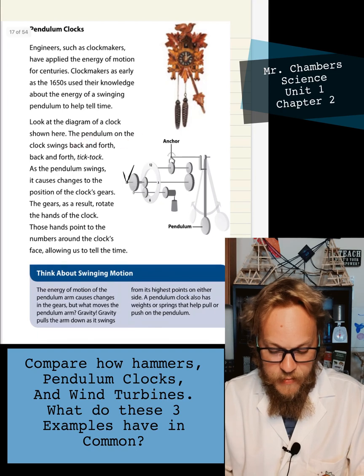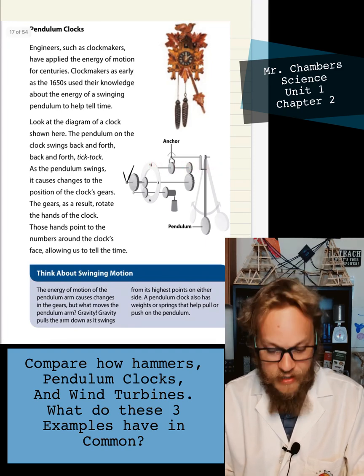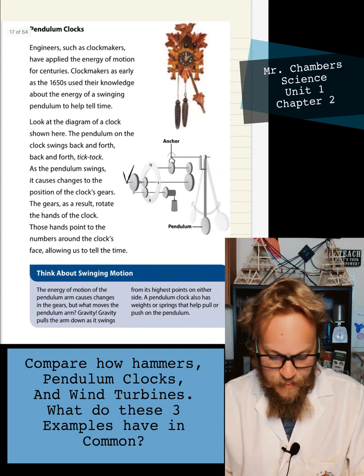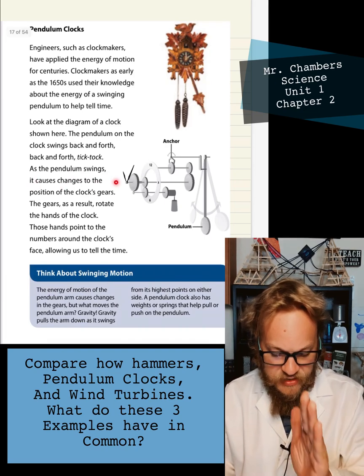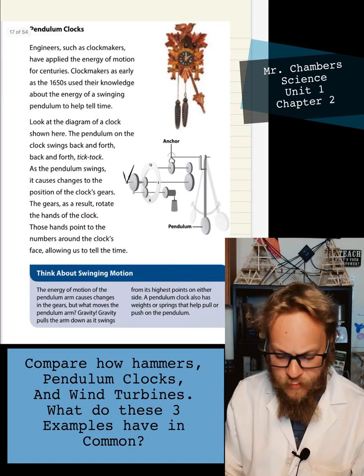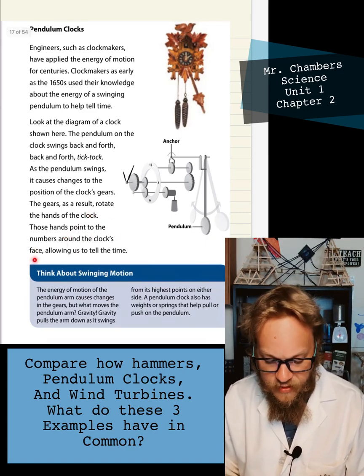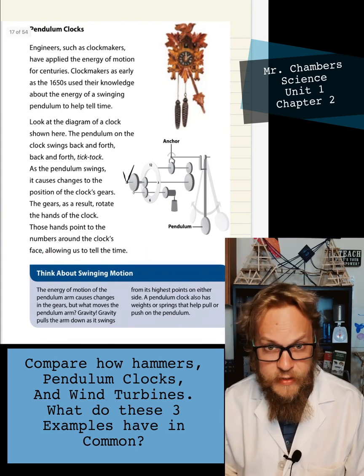The pendulum on the clock swings back and forth, tick, tock, tick, tock. As the pendulum swings, it causes changes to the positions of the clock's gears. The gears, as a result, rotate the hands of the clock. Those hands point to the numbers around the clock's face, allowing us to tell time.